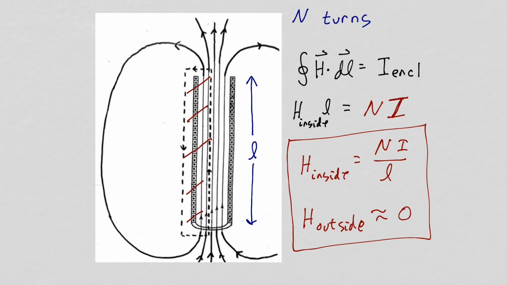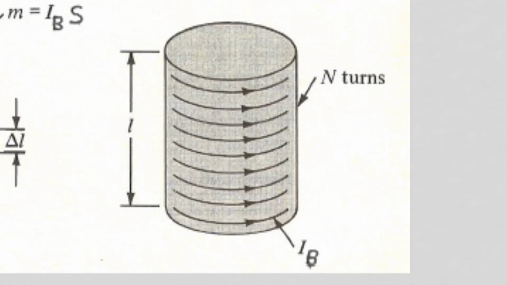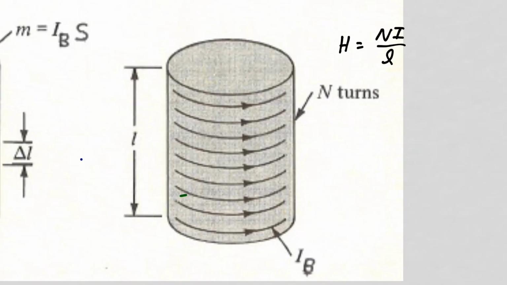In our material, we had N layers of bound current going around our cylindrical material. In our solenoid, we just saw that if we have N turns with the current I going through it with the length L, the magnetic field intensity inside the solenoid was NI over L. Now we have N layers of bound current, so in analogy, the magnetization M will equal the number of layers we have times the bound current divided by the length of our sample.